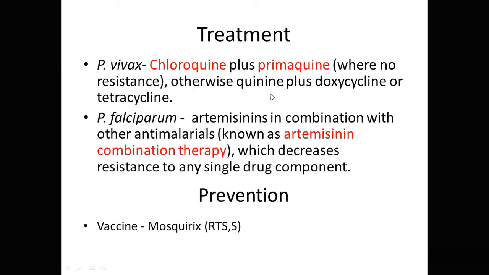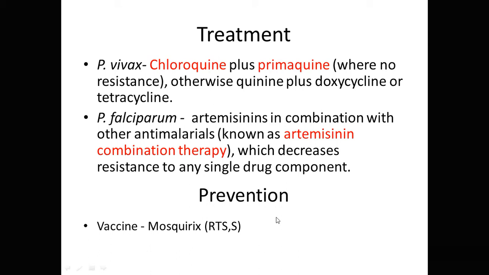Treatment can depend on the species. For example, Plasmodium vivax can be treated with chloroquine and primaquine, while Plasmodium falciparum can be treated with artemisinin in combination with other antimalarial medications.